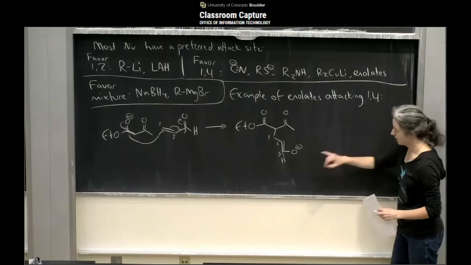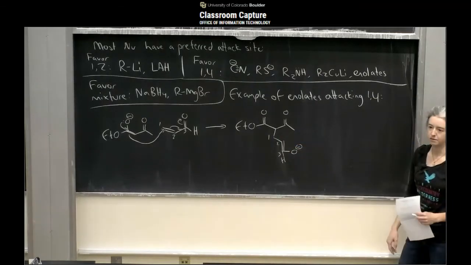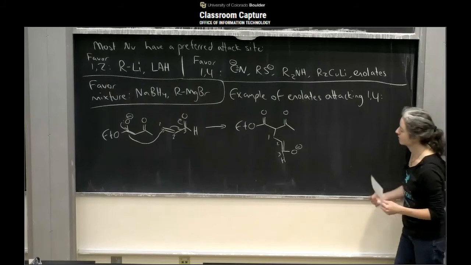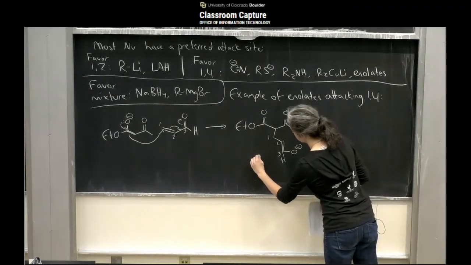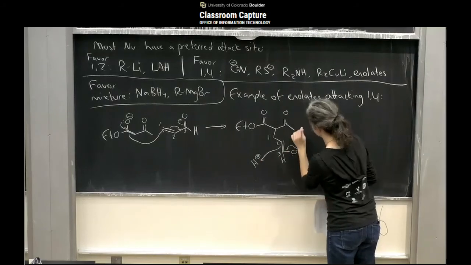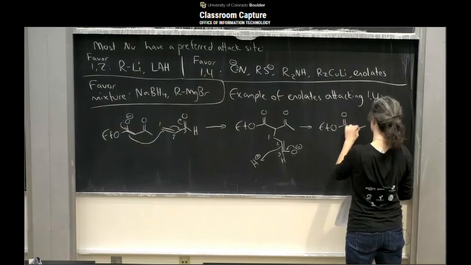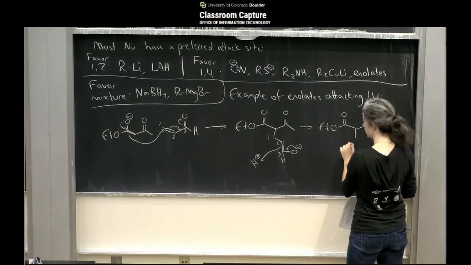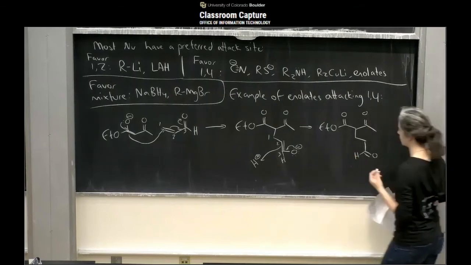This is a very easy and common place to lose a carbon or two by mistake, so definitely make sure you're carefully keeping track of this. But then once I do the workup, should be getting to there.